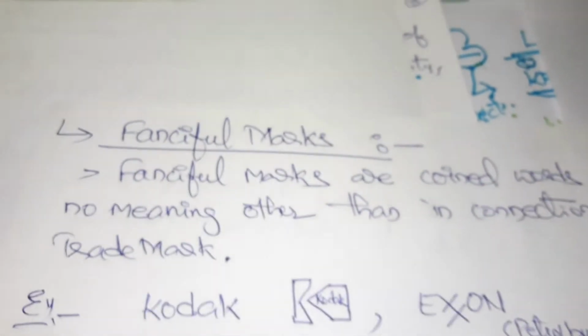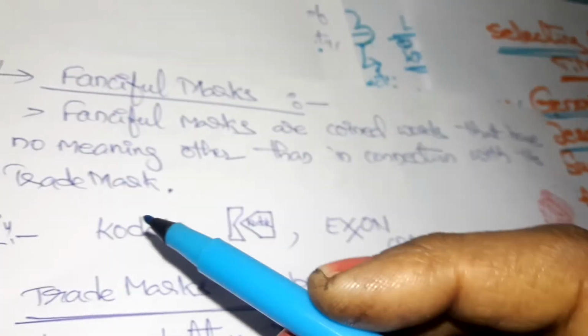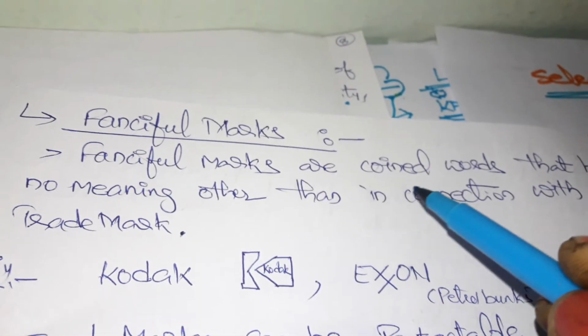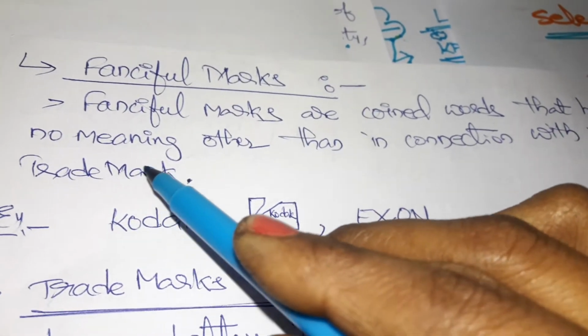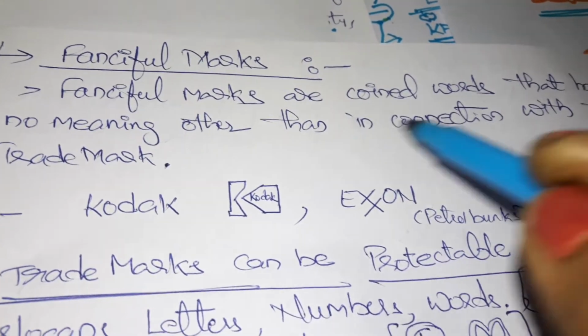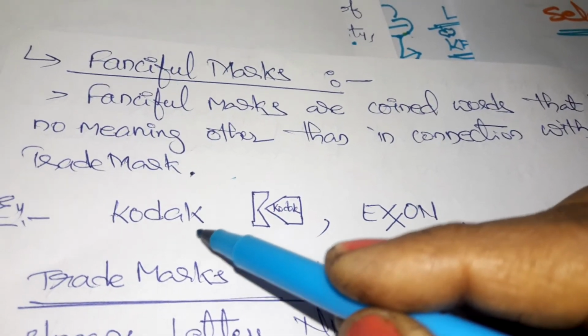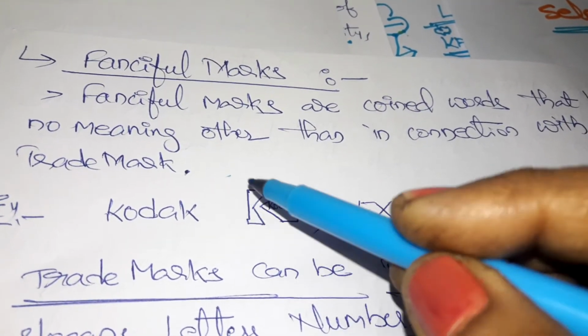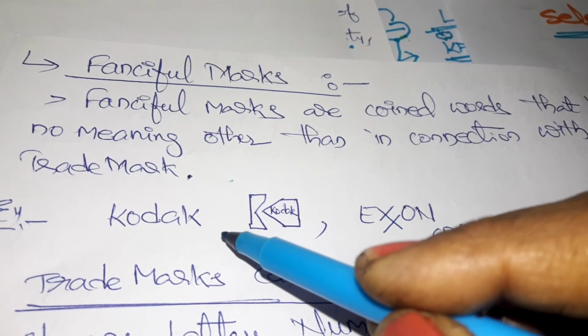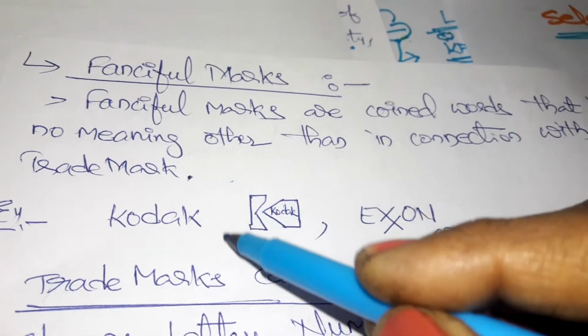Next one is fanciful marks. Fanciful marks are coined words that have no meaning other than in connection with the trademark. This one also, there is no connection with the product or services. This one also, the fancy name we will give.